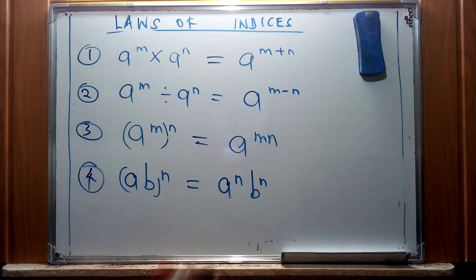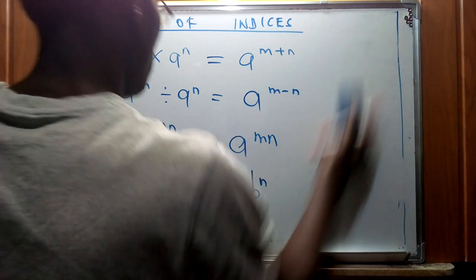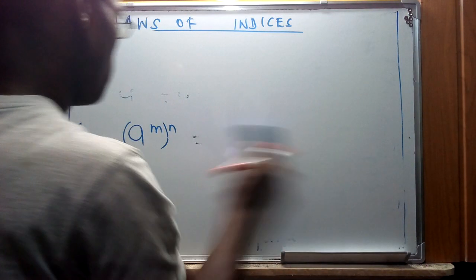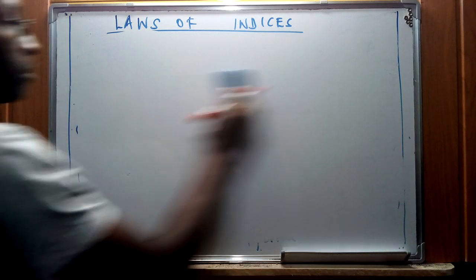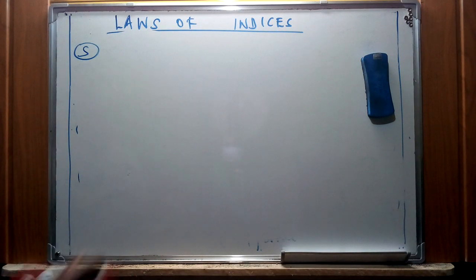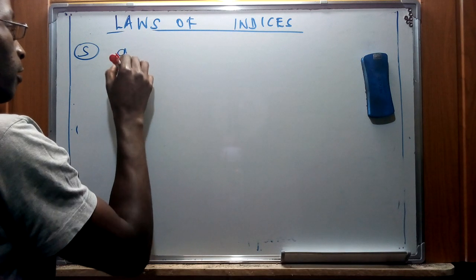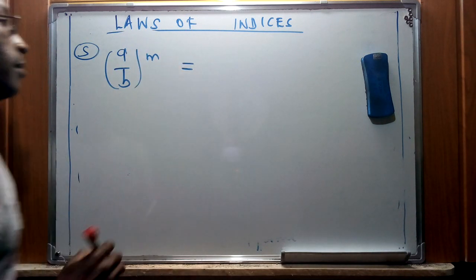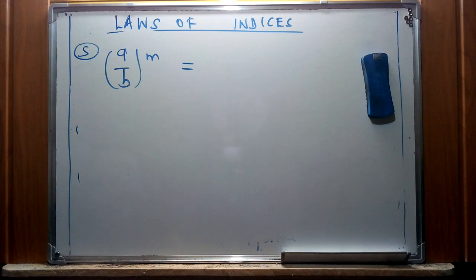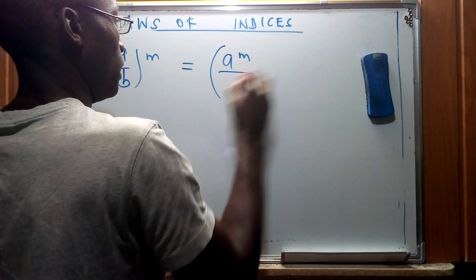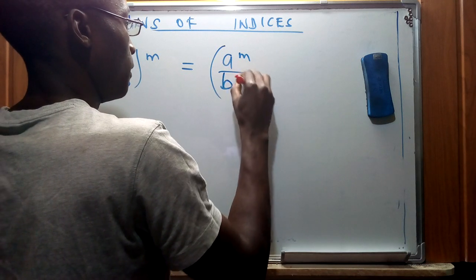And then number 5, I hope this one is elaborate, we're going to just have a continuation of this so that we can mention other laws which are going to be applicable. So number 5, we're going to have a rational number a over b which has been raised to m. This is going to have the same distributive property that I had said. So it's going to be a raised to m over b raised to m.